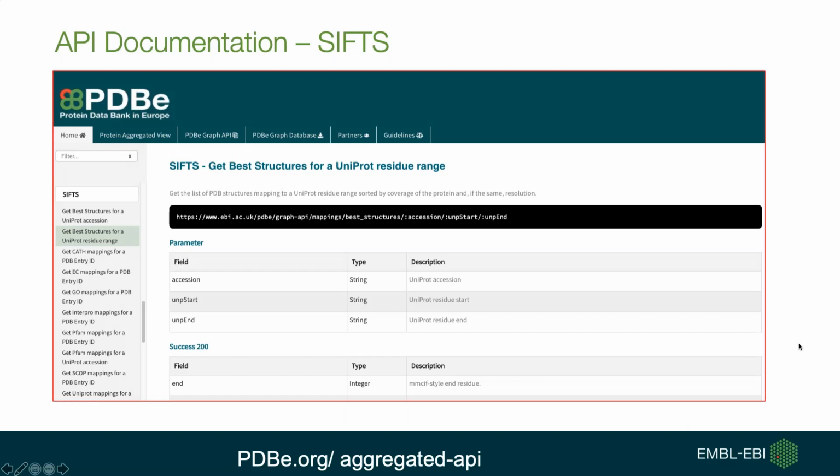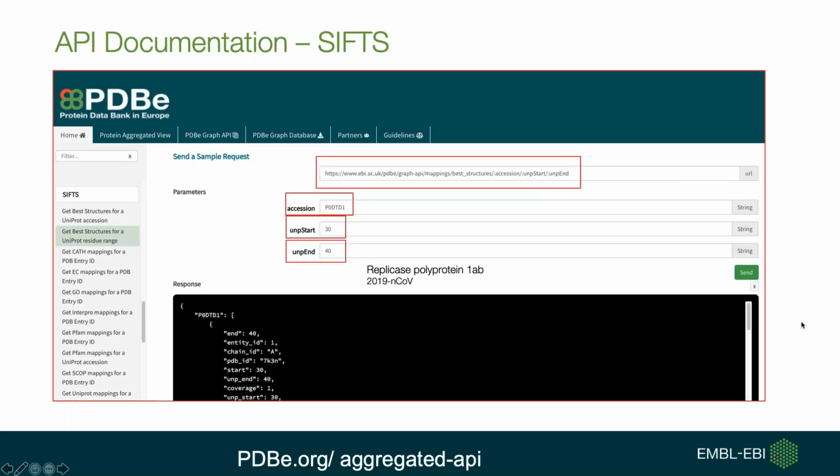There is also another endpoint which gives the same information, but for a UniProt residue range. You can use this URL and provide the accession and the UniProt start and end.